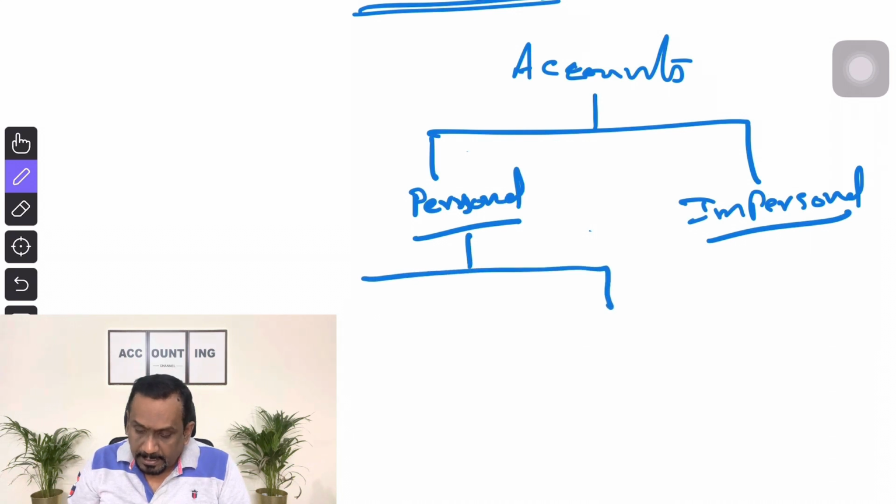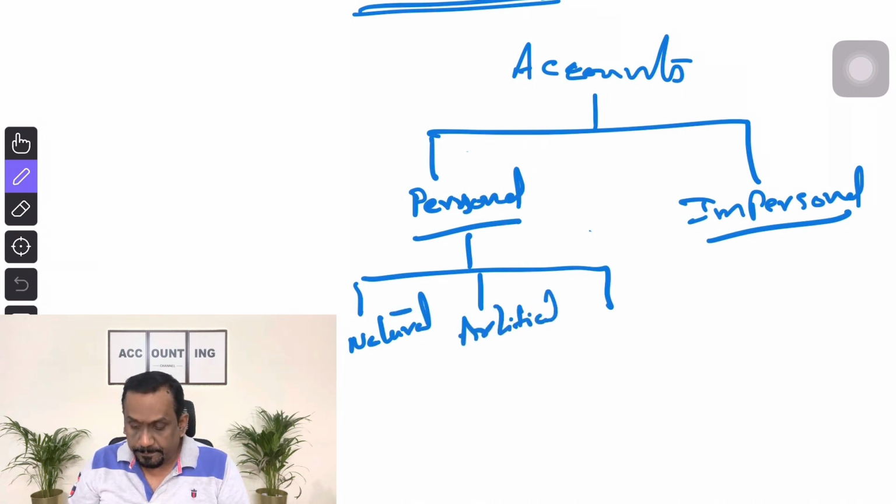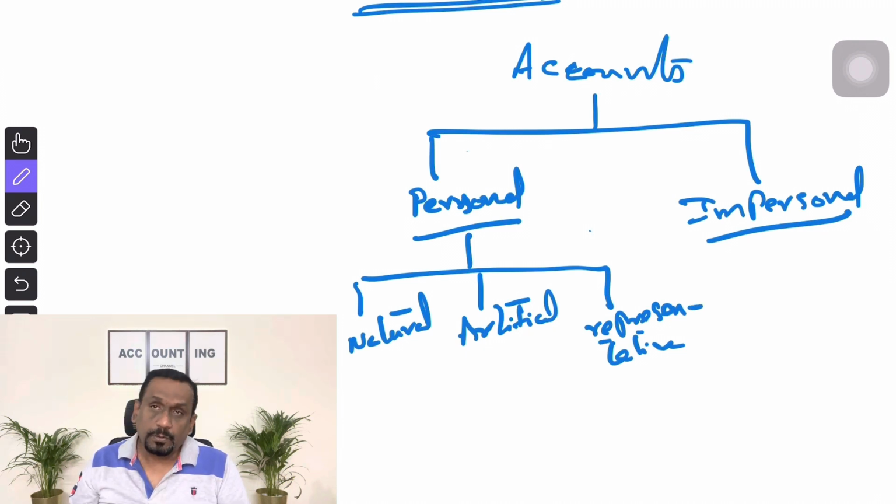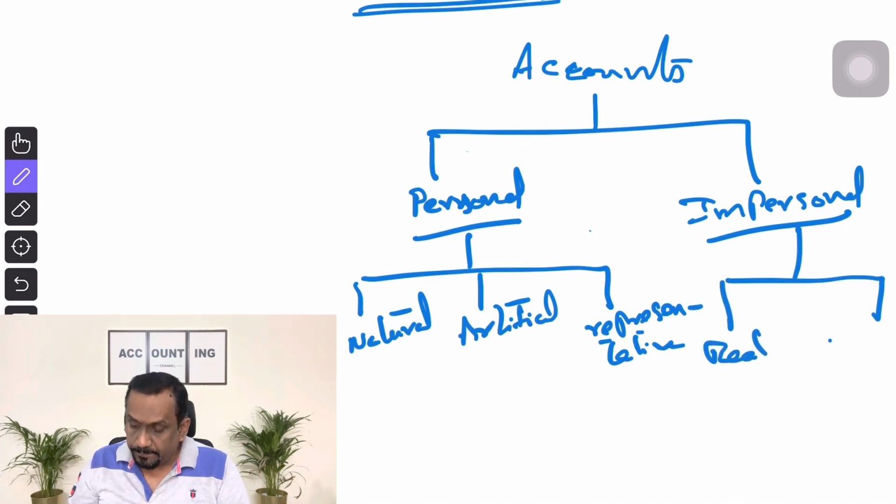Personal accounts are again classified into three categories. What are they? Natural persons, artificial persons, representative persons. Impersonal accounts are classified into two categories: real accounts and nominal accounts.